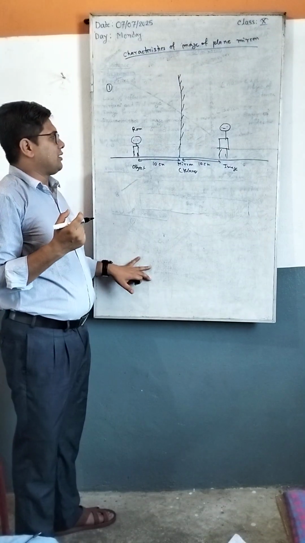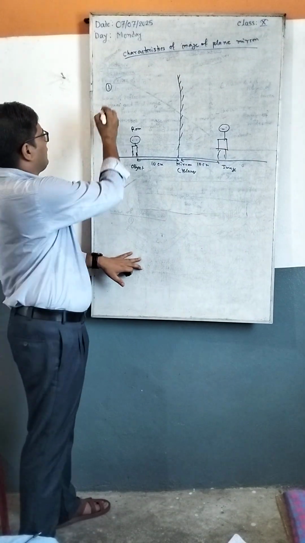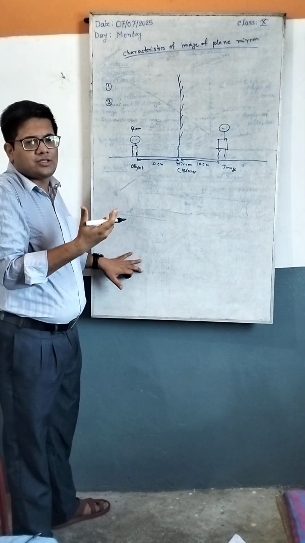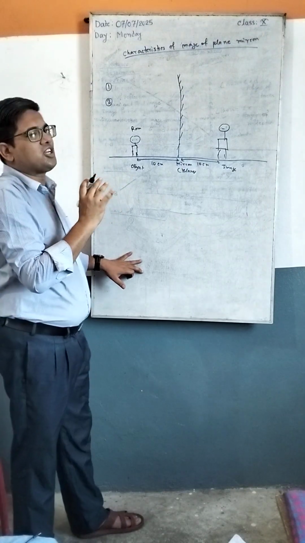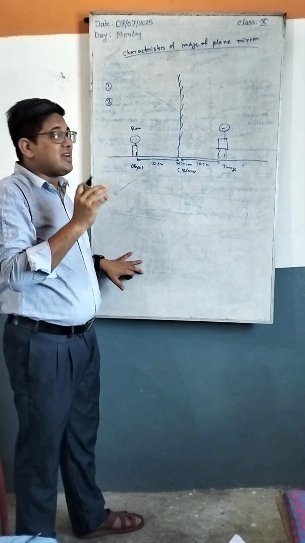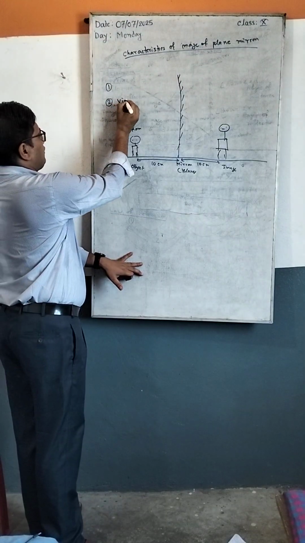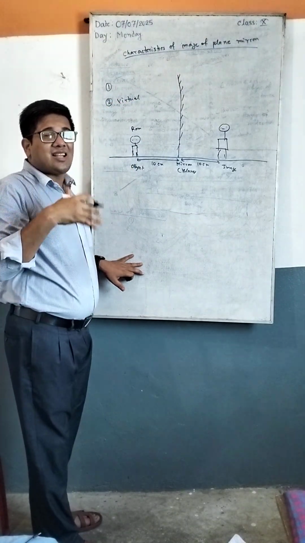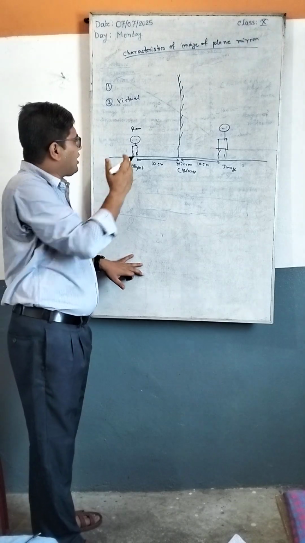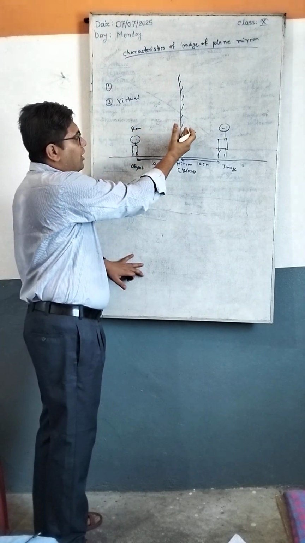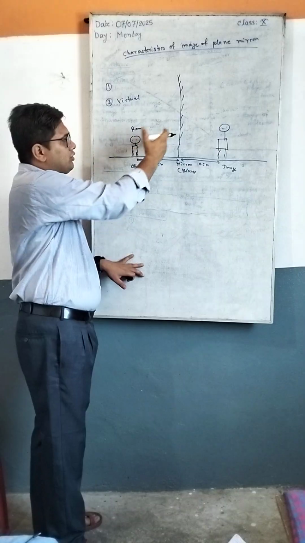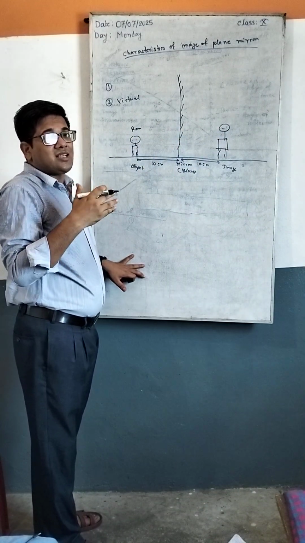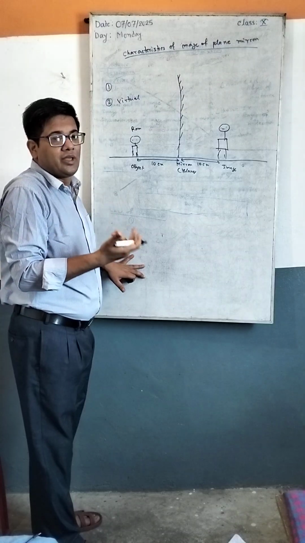Second characteristic: what type of image is formed? It is a virtual and erect image. Virtual means not real, it just appears. When you see your picture in the mirror, the image is not real. It just seems to be there.